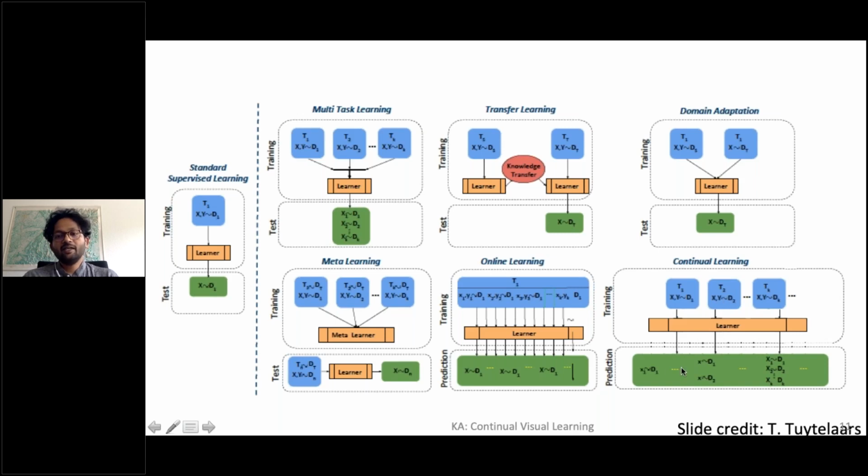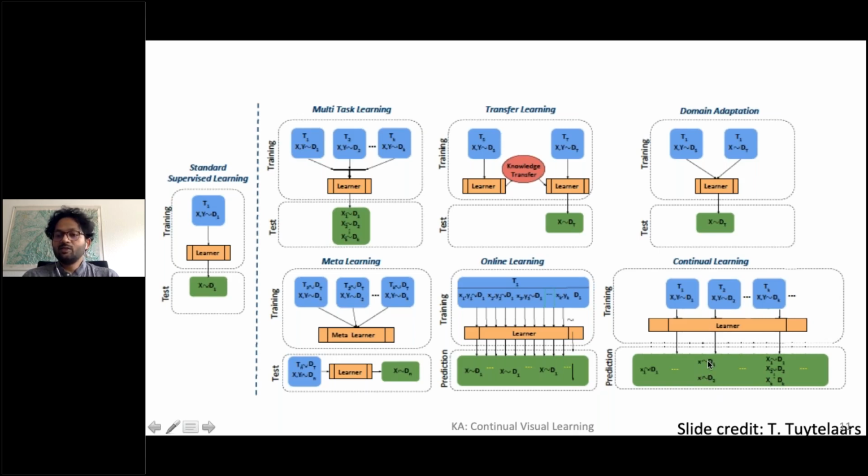Okay, so when we look at the test scenario, initially, when the model has been trained only on task 1 data, you can get test samples only from this data distribution. But once you have seen both task 1 and then at a future time instant task 2, you get data samples in the test case from both of these tasks and the data distributions D1 and D2.